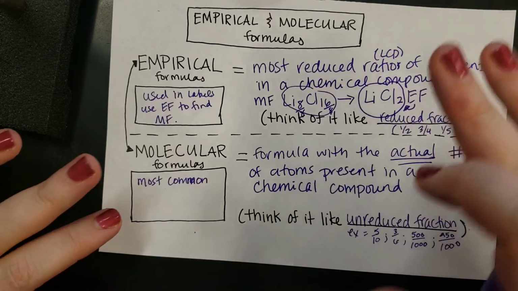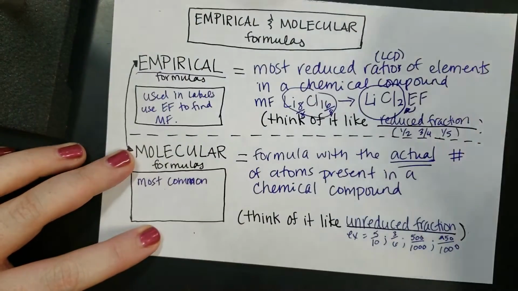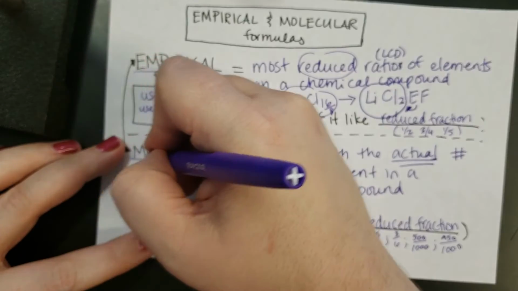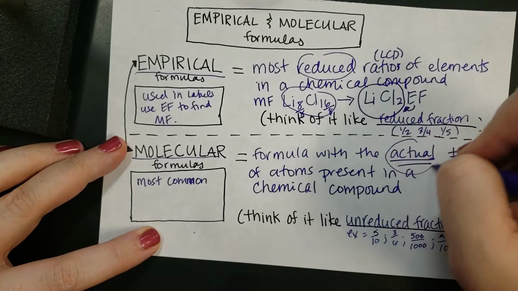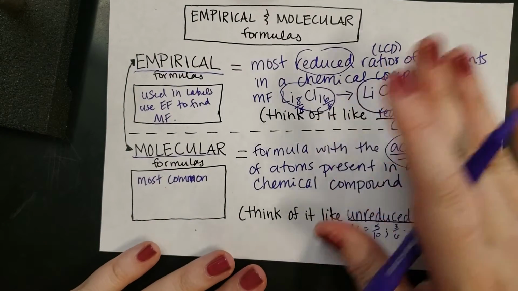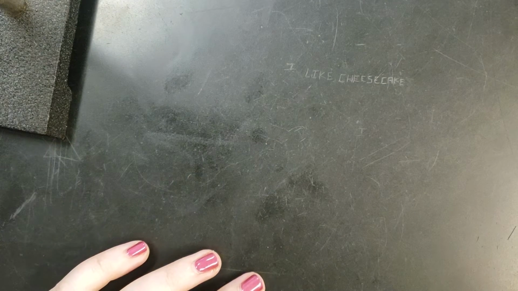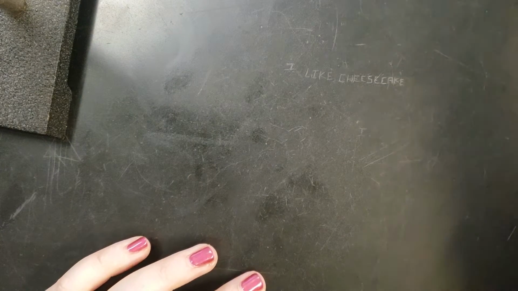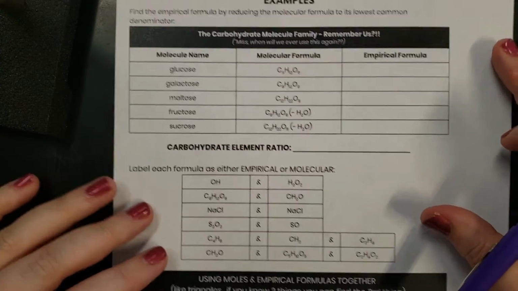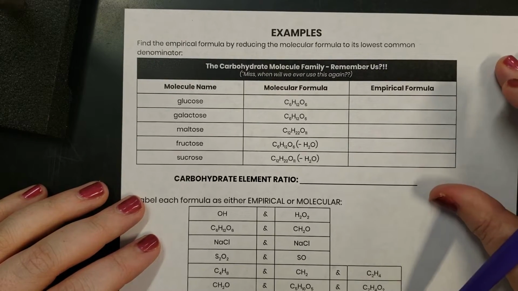So the most important thing for you to remember is that empirical is the reduced and the molecular is the actual. So we're going to set this aside. It's going to be flapped on top of the next notes, which include some practice problems and then some information that you will use on your lab.